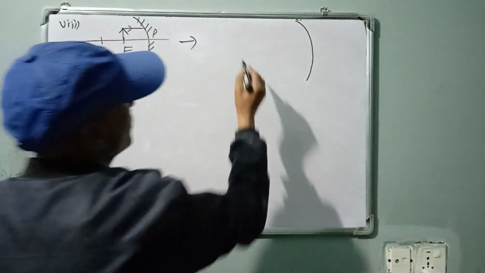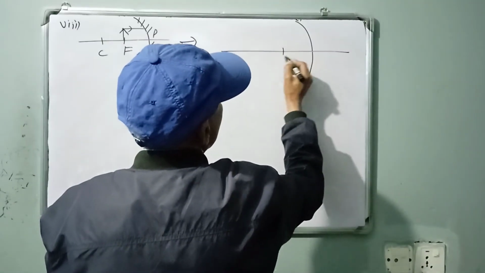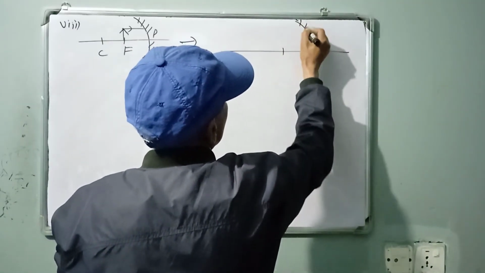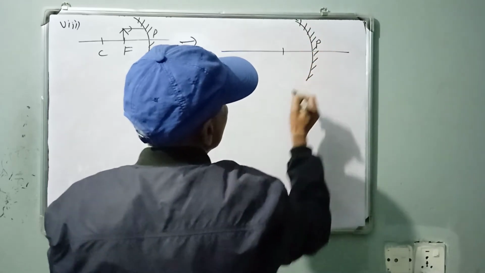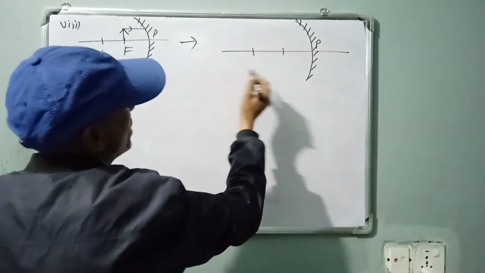Concave mirror, principal axis, focus, pole is outside, focus, double of focus, PF equal FC.